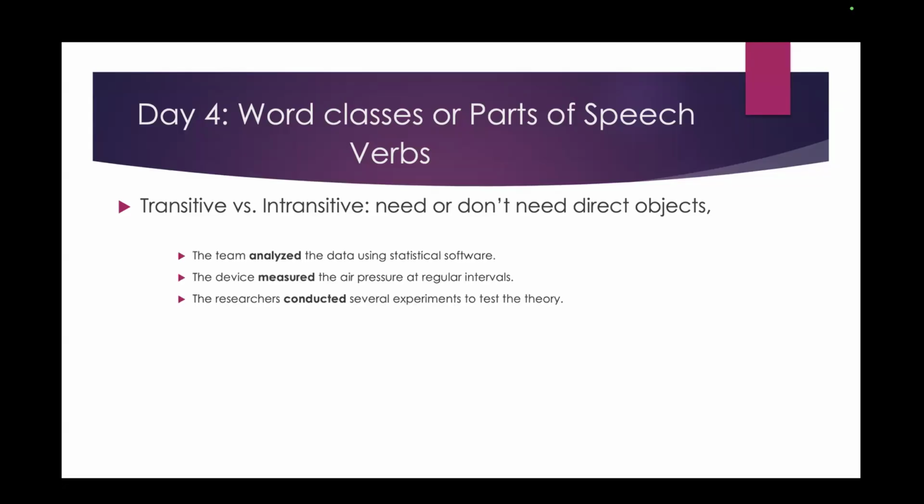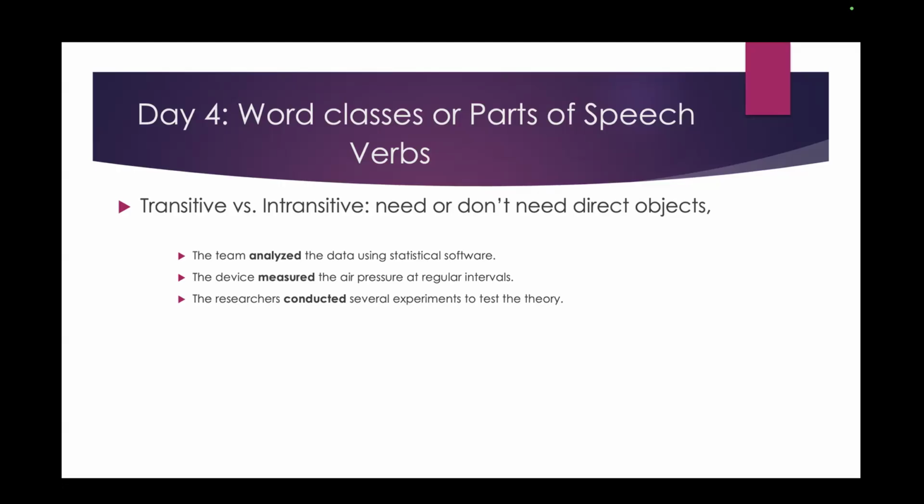Some examples of transitive verbs, these are only three. For example: the team analyzed the data using statistical software. So here analyzed is the verb, particularly in the past tense, and the data is the direct object. So this is categorized as a transitive verb.